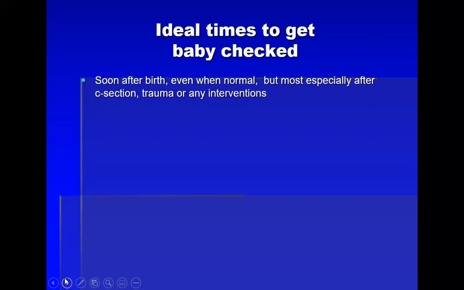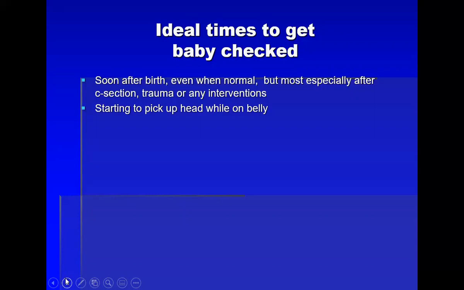Ideally, I would love for a chiropractor to be at every birth, because we could make things so much easier for the mom having this baby and also for the baby. Even under perfect circumstances, babies sometimes have trauma during the birth process.